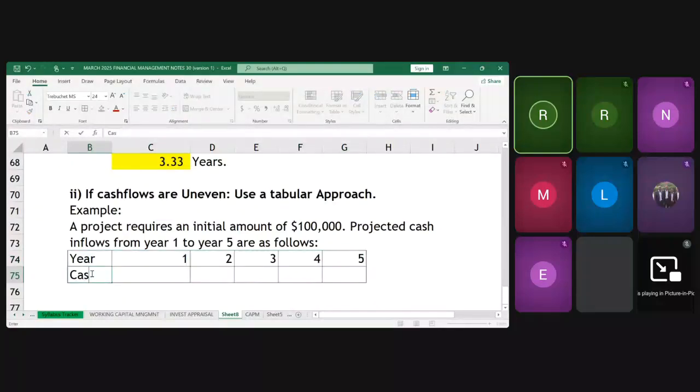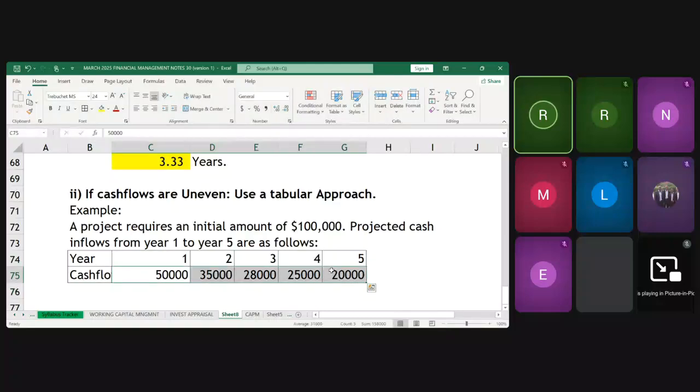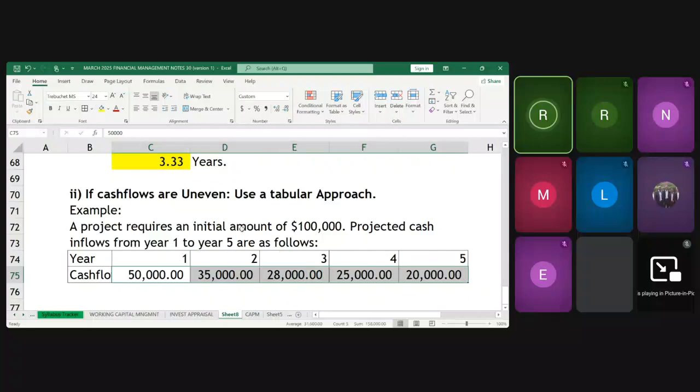The cash inflow or cash flow that we are going to have in year 1 is 50,000. In year 2, 35,000. In year 3, 28,000. In year 4, 25,000. In year 5, 20,000. So these are the cash inflows from our project.